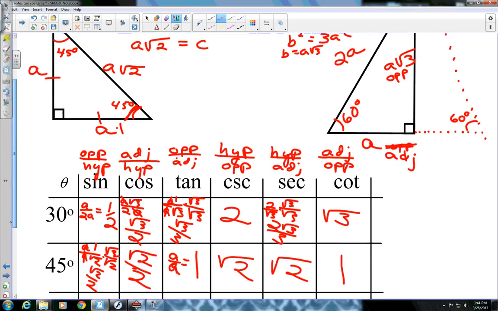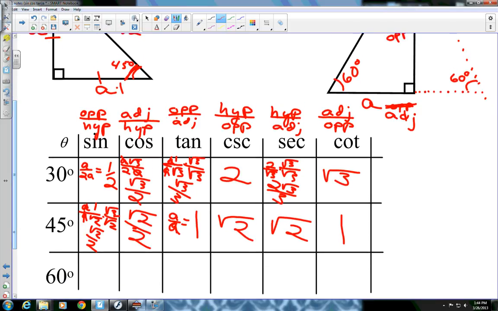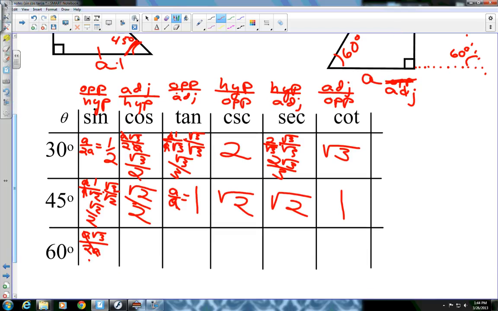So, when we look at 60 degrees, opposite over hypotenuse is going to be A root 3 over 2A. A's cancel, so I get root 3 over 2. Interesting. Cosine of 30 degrees, sine of 60 degrees are the same thing.